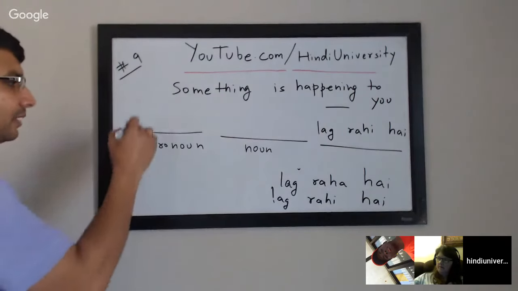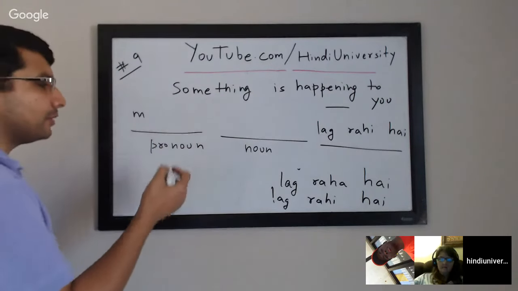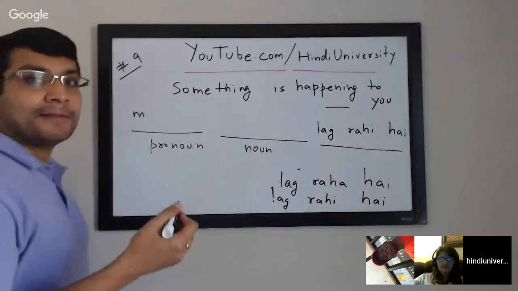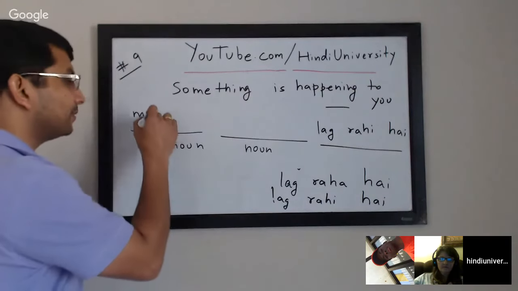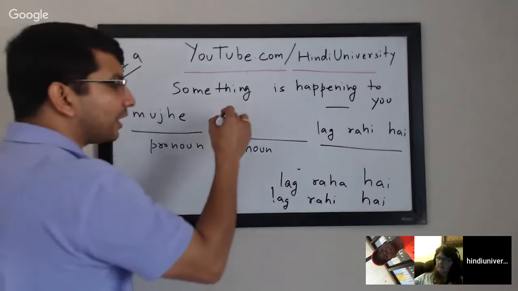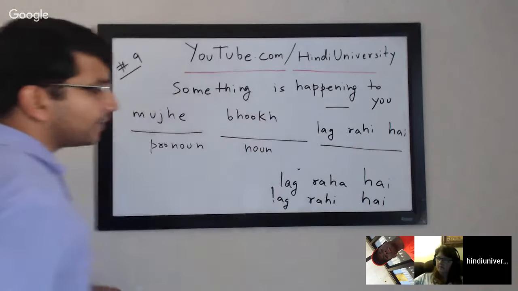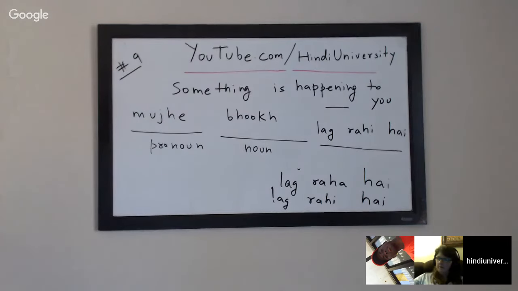Now this part is sort of clear to you because we are primarily focusing on I here, that I am feeling hungry. So you will say mujhe. Now what is the noun? The noun here is bhook, and bhook is nothing but hunger.